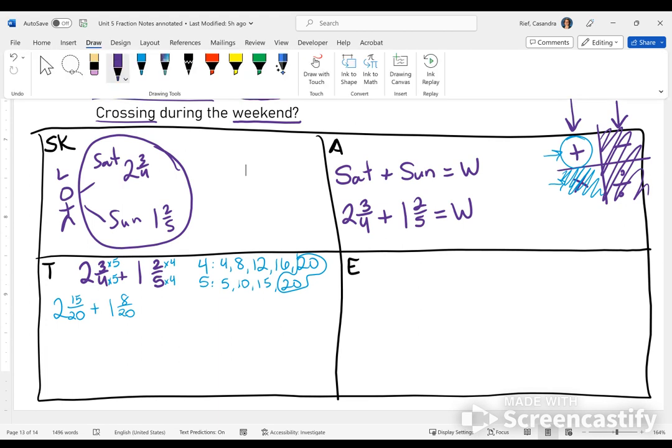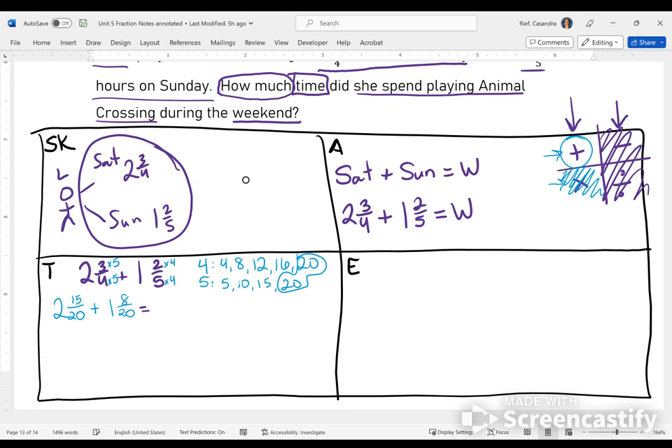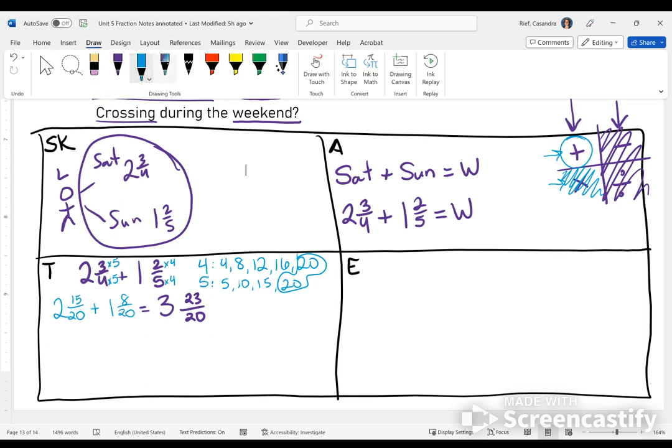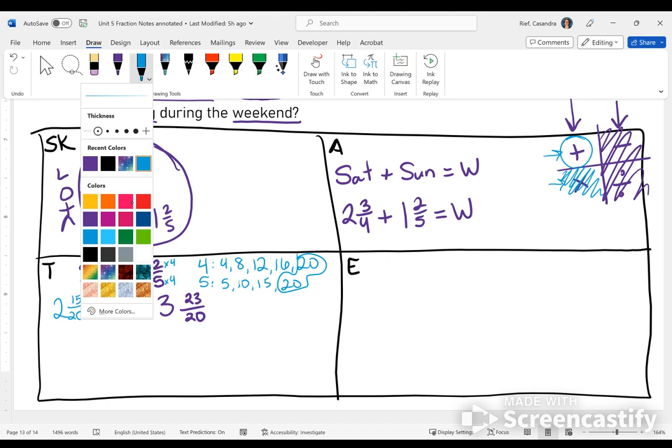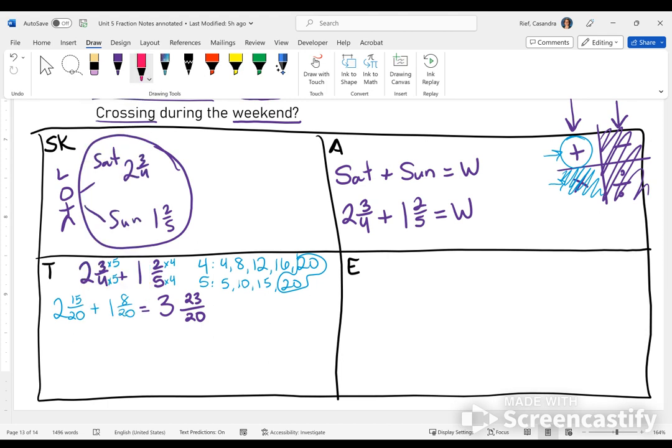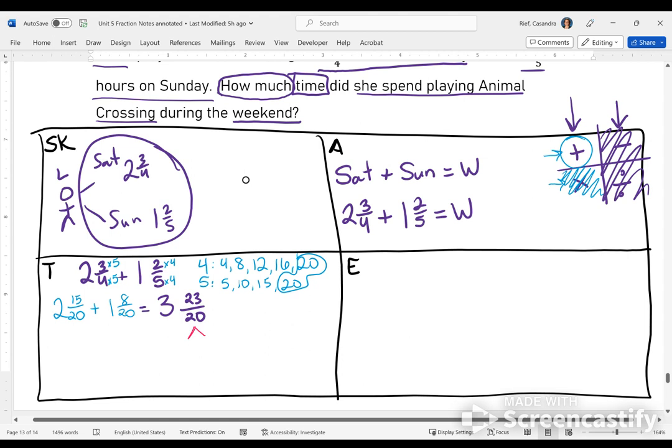I'm ready to do my adding. I'm going to add my fractions. 15 plus 8, that's 23 20ths. And 2 plus 1 is 3. Finally, when I take a look at this, I can see that there's a whole number hiding. I can see that 23 20ths is an improper fraction. So let's break it apart.